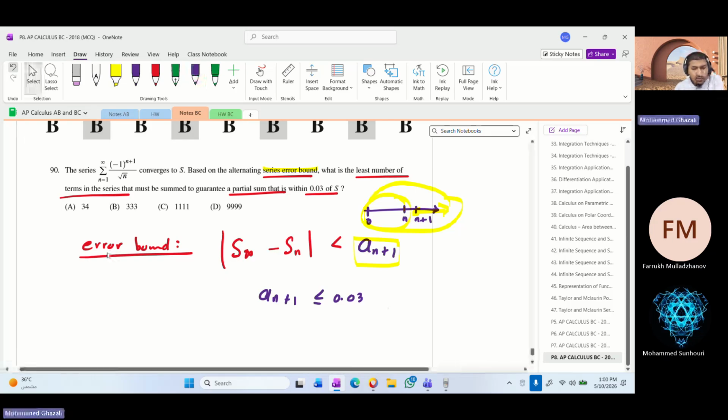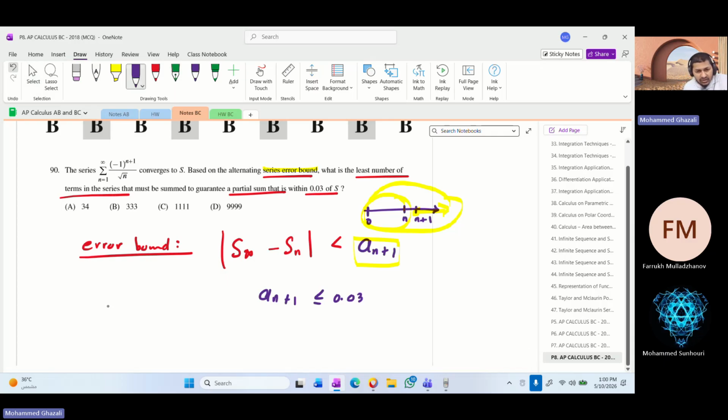Now, what we see here is that this series is decreasing because as you increase the denominator, it decreases. So we know that a n is decreasing, because the square root of n plus 1, n plus 2, n plus 3, right?